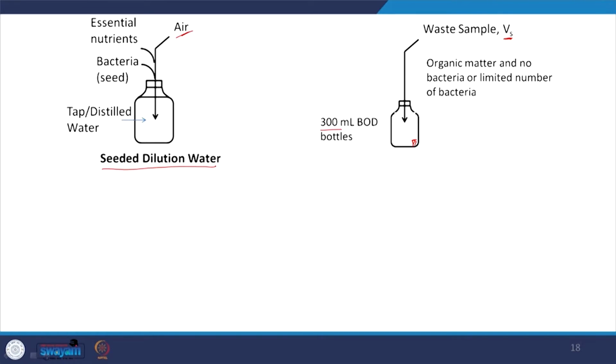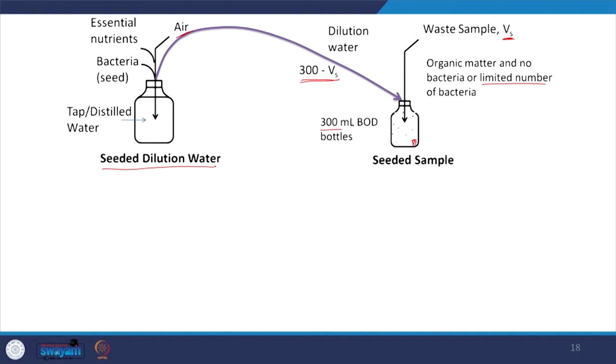And why are we seeding it? Because we have no or limited number of bacteria, and then we are going to fill the rest of this BOD bottle with our dilution water. So what is the volume of the dilution water? It is going to be 300 minus the volume of the sample.